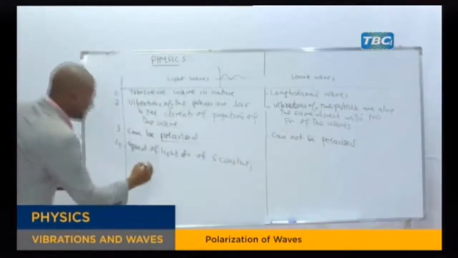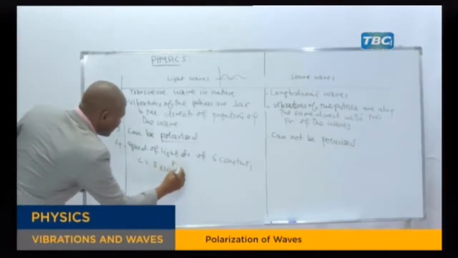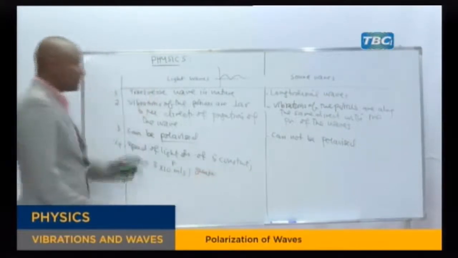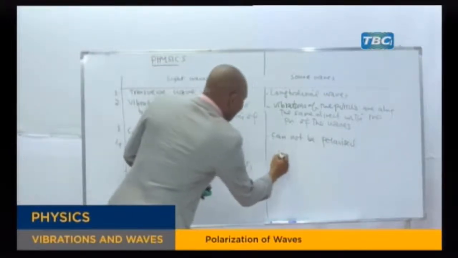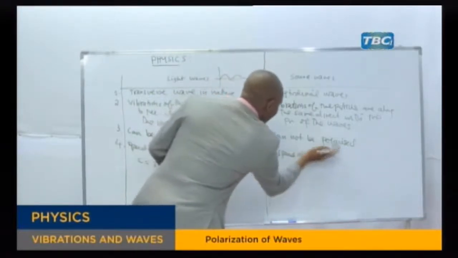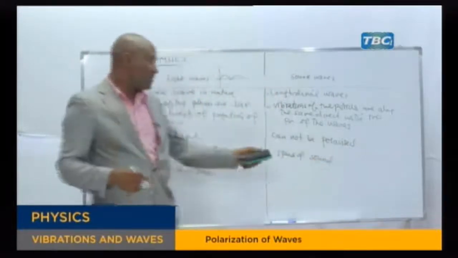The speed of light is given by c equals 3 times 10 power 8 m/s. This is greater than the speed of sound. The speed of sound depends on the medium in which the waves propagate.